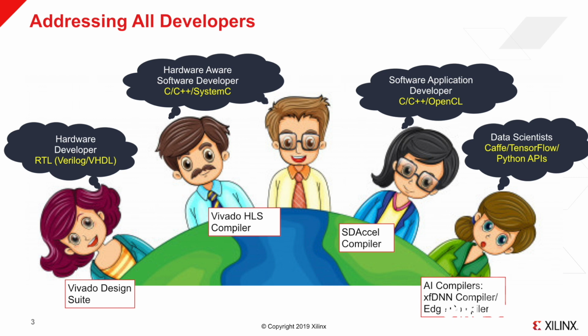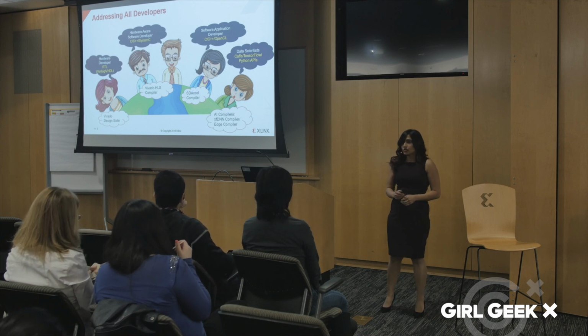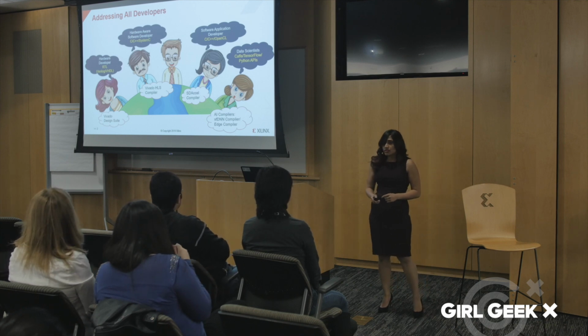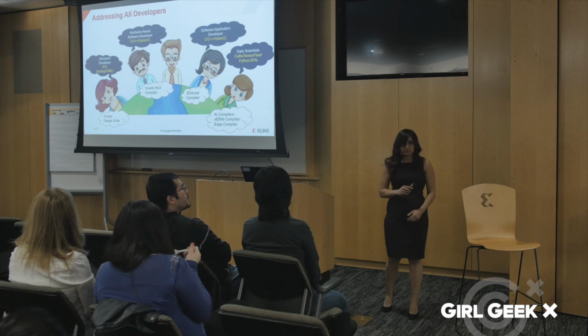We also have our software application developers who tend to use FPGAs mostly for accelerating their products or their designs, and for them, we have the SDAccel environment. And finally, for our data scientists who use frameworks such as Caffe and TensorFlow, we have the AI compilers or edge compilers. In the next few slides, I'm going to go into a little bit more detail on each of these different tools so that you can get an idea of how they meet the needs of the targeted developers.